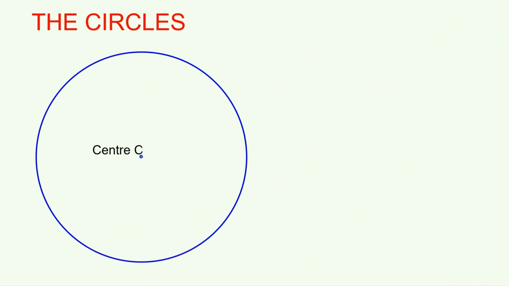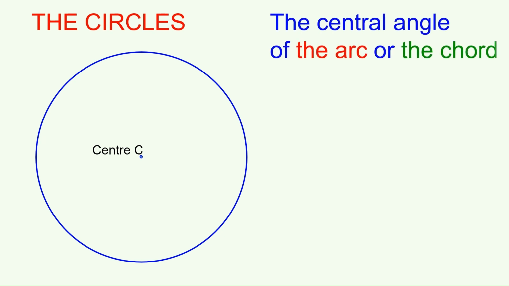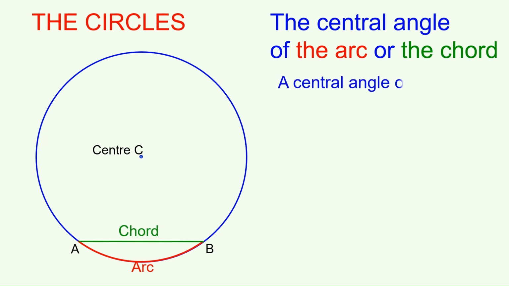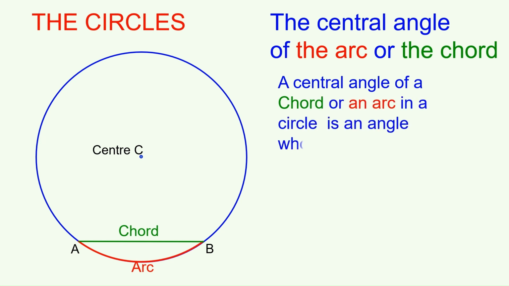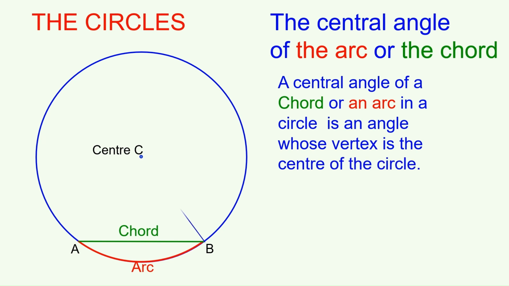The circles. The central angle of the arc or of the chord. A central angle of a chord or of an arc in a circle is an angle whose vertex is the center of the circle.